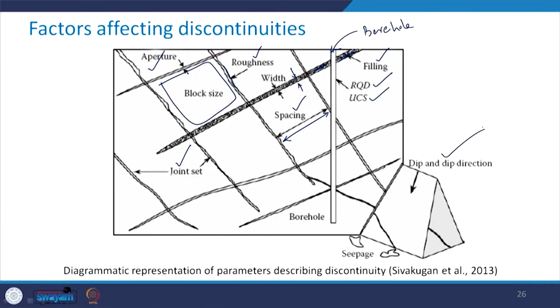As far as dip and dip direction are concerned, this is how you can determine them. And for seepage, whatever water there is, you just need to take the observation at this location in order to measure the seepage. So basically this figure gives you the overall idea about all the factors which influence the discontinuity.